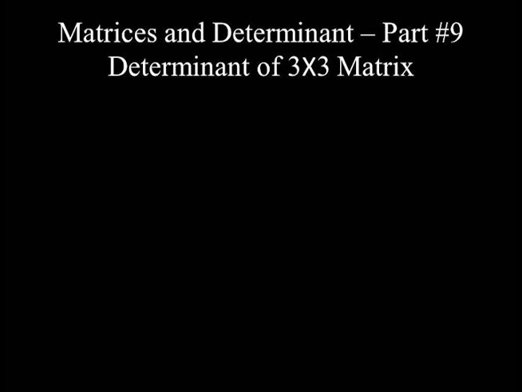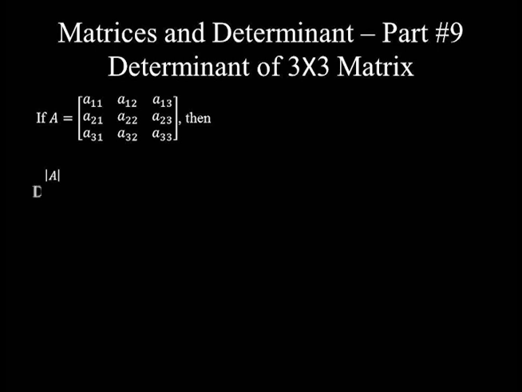For example, if matrix A equals this 3 by 3 matrix having elements designated by a sub ij, then the determinant of matrix A, which is denoted by capital letter A inside parallel vertical bars, or det A, equals, let's select the first row elements as the coefficients of the submatrices and write the matrix as the sum of the three submatrices.